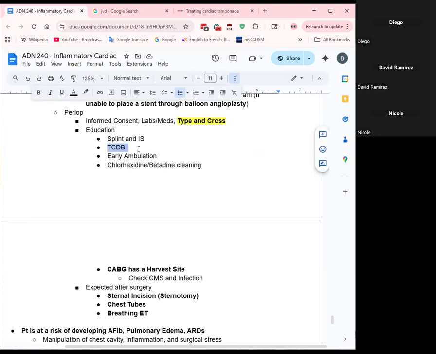You're watching their telemonitor to see if anything crazy goes on while they're ambulating, and seeing how well they tolerate it. Also clean the site and look at the harvest site, the place where they got the vein from, which is very typically a leg vein. Wherever that harvest site is, make sure there are no signs of infection and that the area is looking okay.